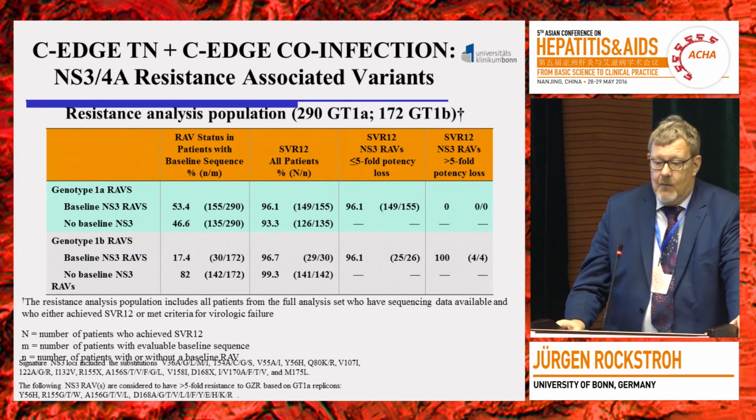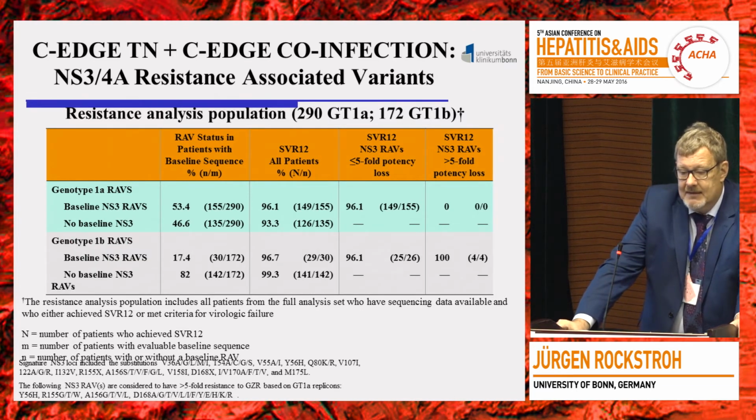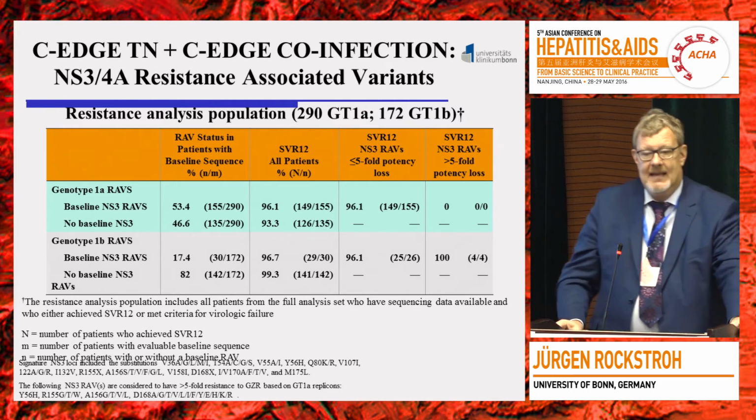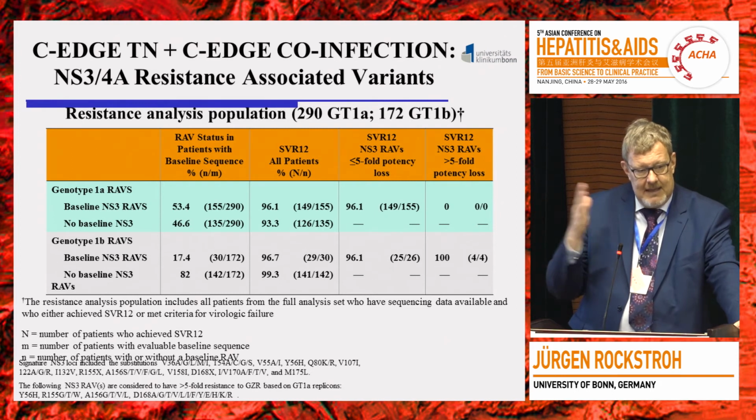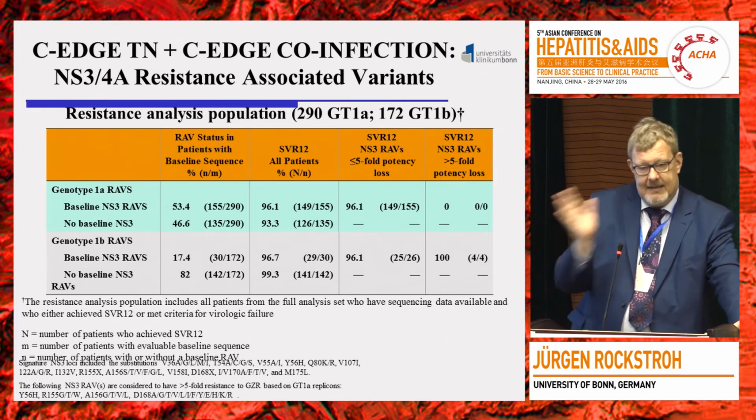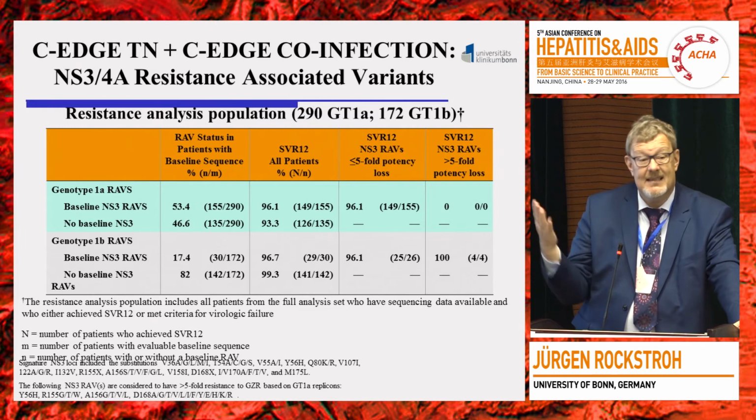If you look at the genotype 1B RAVs, much less present, so a lower probability of having baseline NS3 RAVs, but interestingly here, even if you have RAVs which have a more than 5-fold potency loss, you still have a 100% cure rate. So one of the important things to remember is that actually for genotype 1B, in many settings, other than for the daclatasvir-simeprevir, we take that aside for a moment, resistance doesn't play a big role.